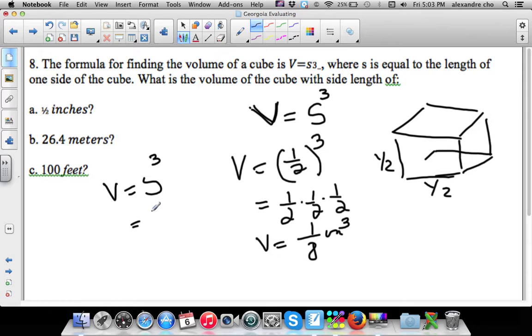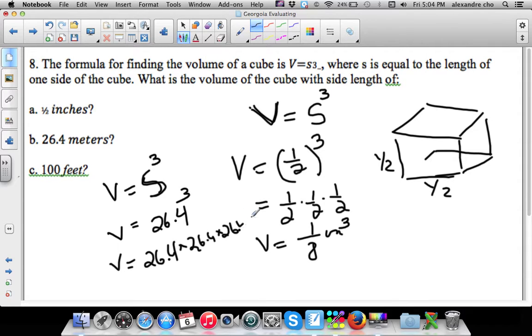In this case, our side here is 26.4. It's s to the third power, s standing for the side of a cube. Again, the cube has sides that are all equal. So volume equals 26.4 to the third power. Remember again, to the third power means the base, in this case the number 26.4, times 26.4, times 26.4 again.